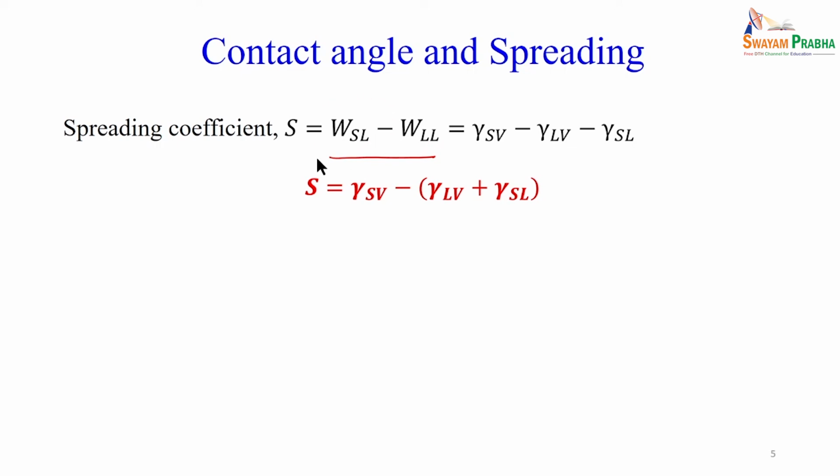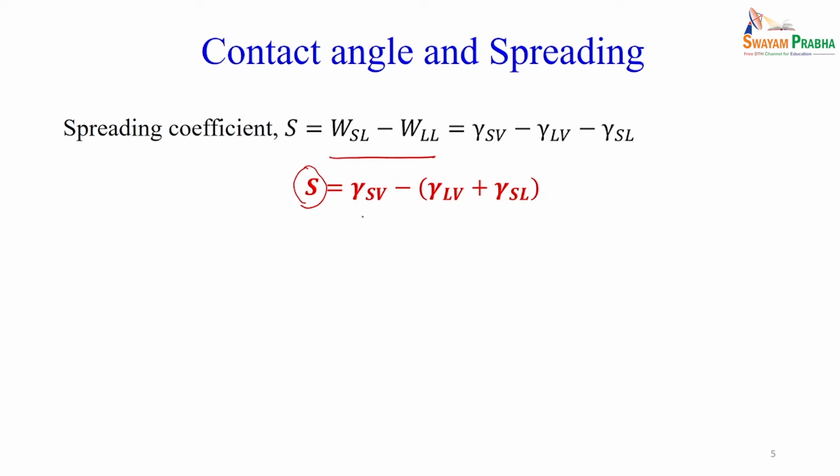So, work of adhesion, and work of cohesion will be twice gamma liquid vapor. So, we will end up with S equal to gamma solid vapor minus gamma liquid vapor minus gamma solid liquid, and depending on the value of S, we see if there will be spreading or no spreading.